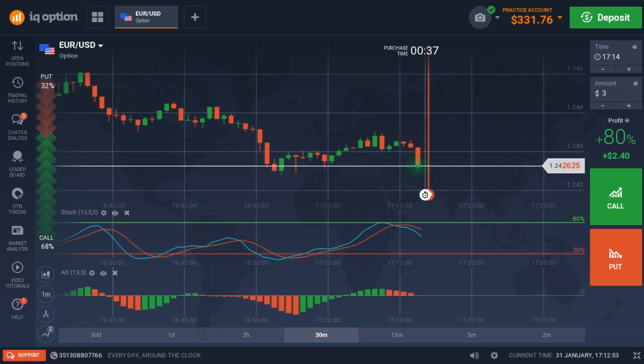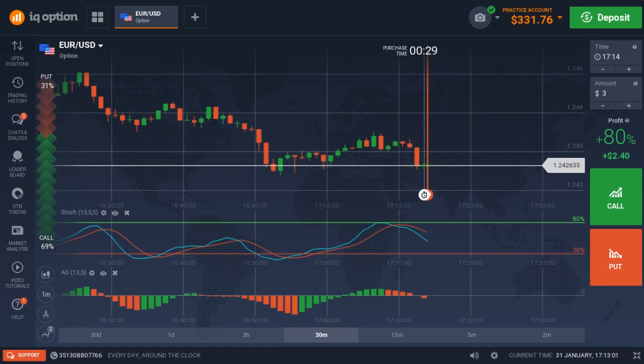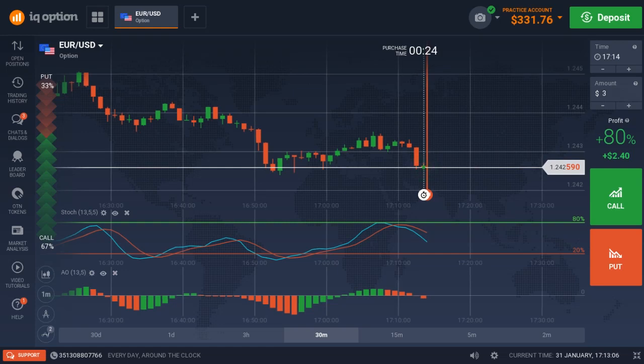Okay. But before I go into this, I'd like to remind you guys that you should not be using this method that I'm going to explain right now before you master single currency pair trading.